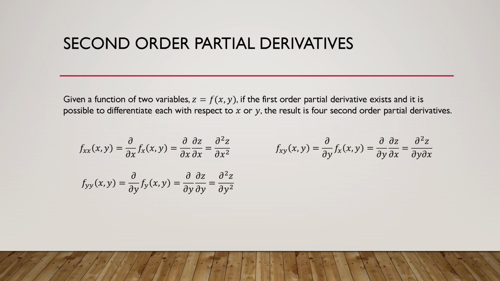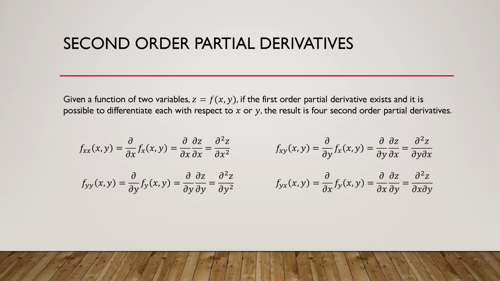The second partial derivative of f with respect to xy of xy equals the partial derivative with respect to y of the partial derivative of f with respect to x of xy, which equals d dy times dz dx, which equals d2z dy dx.